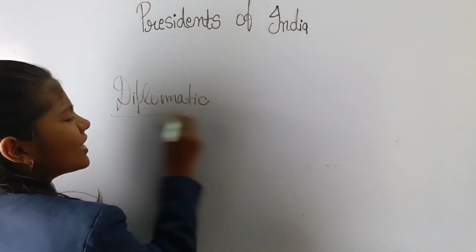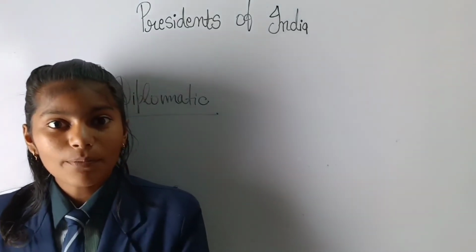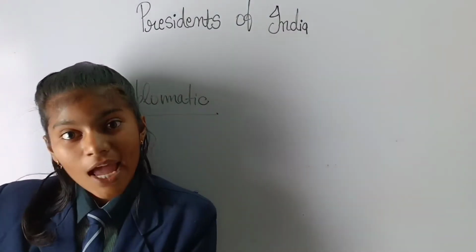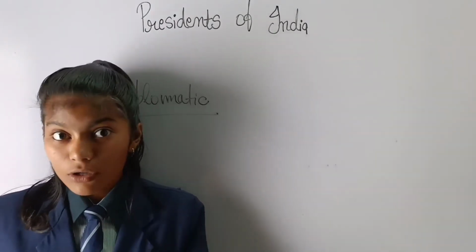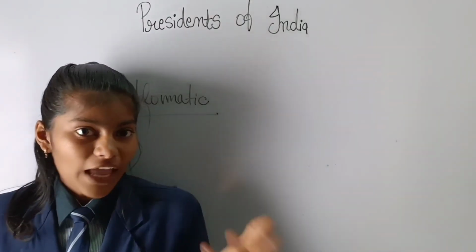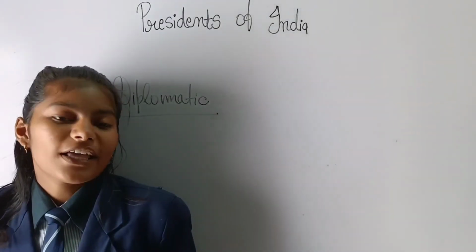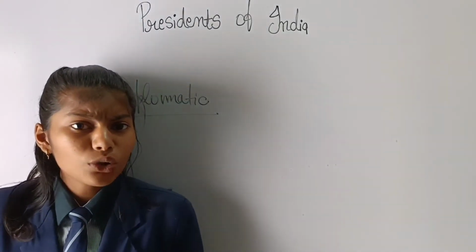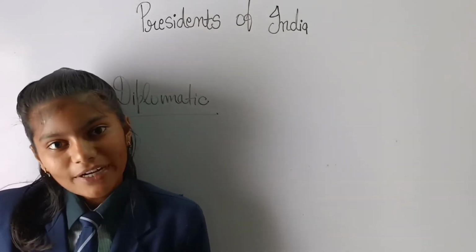What are diplomatic powers? Actually, the president has the power to send ambassadors and receive diplomats. Very great power. And also the veto power. So diplomatic power is the power of the president to send ambassadors and receive diplomats.